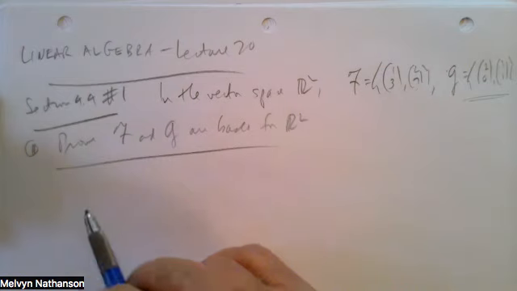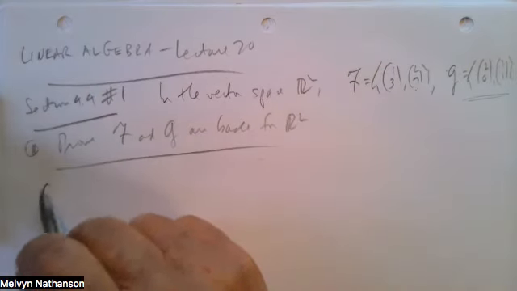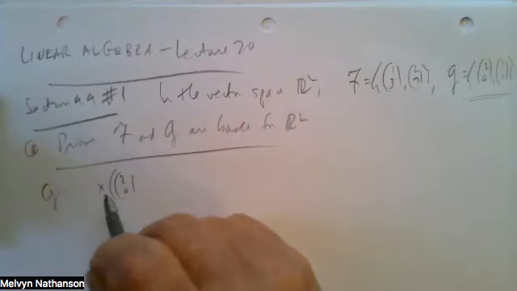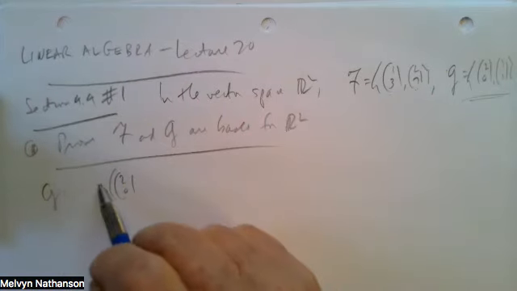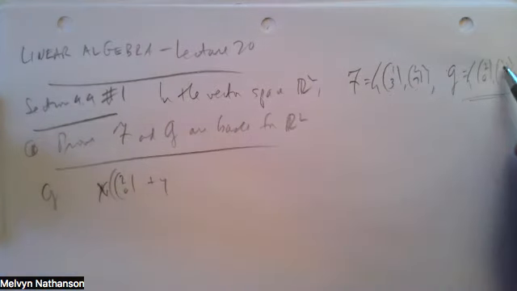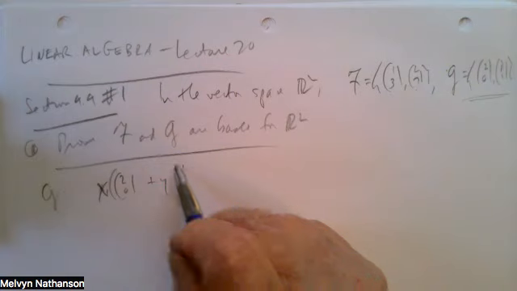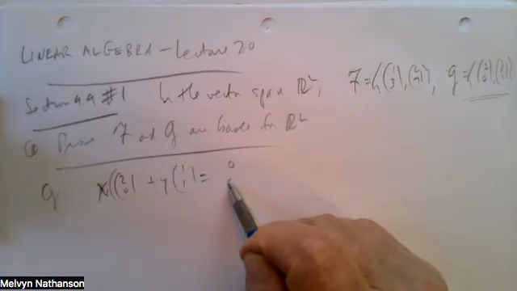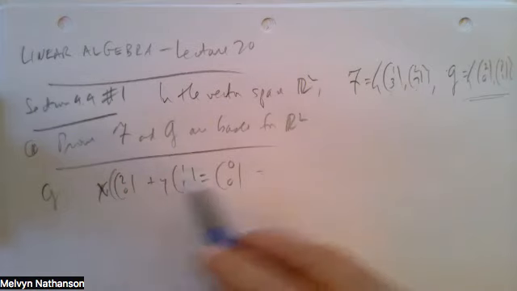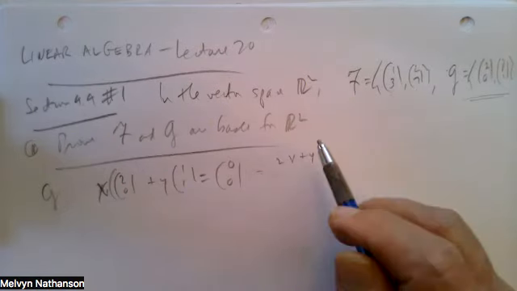Let's look at G. So suppose x times (2, 0) plus y times (1, 1) equals the 0 vector. What is this vector? This is (2x plus y, y).